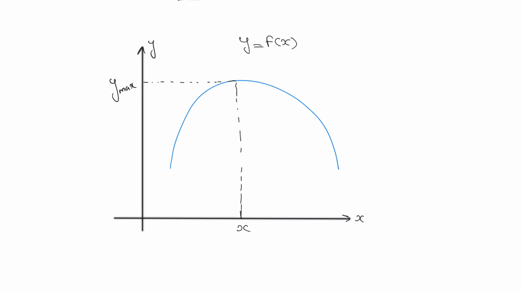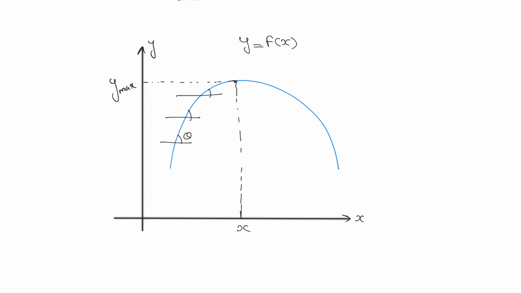Now at this maxima, if I'm finding the value of slope, we can observe that the value of theta is less than 90. Already in the previous class we discussed that it represents an increasing function, and here the value of this slope is decreasing.